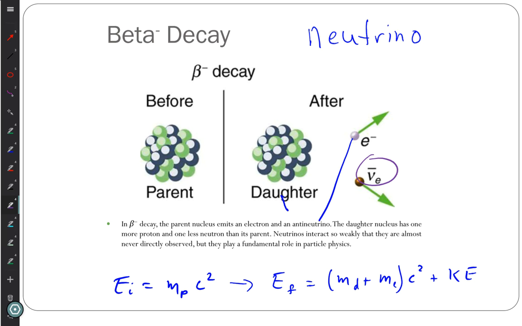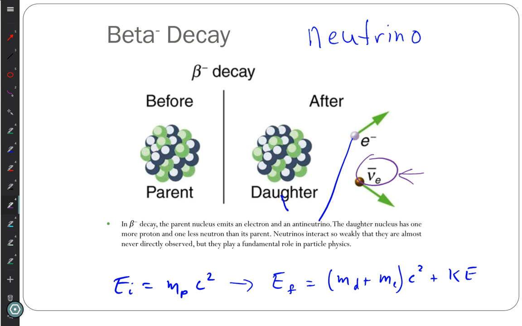And so if you create an electron, there wasn't one before, so your electron-lepton number went up by 1. Well, you have to have that come down by 1 as well to keep it at 0. And so that's why it's an anti-electron neutrino, because the antiparticles carry a negative for the lepton numbers. And so you have conservation of electron-lepton number that goes along with that being an anti-electron neutrino.